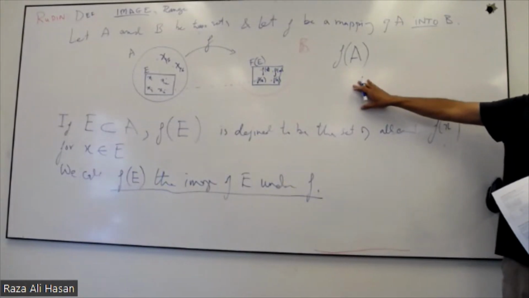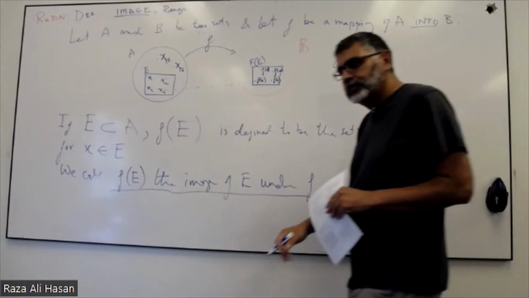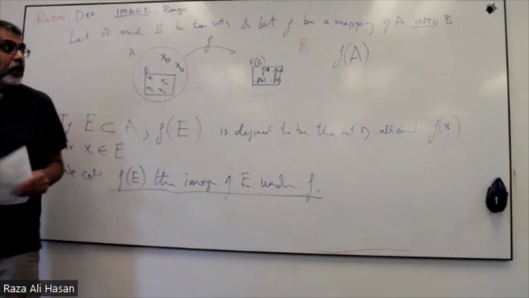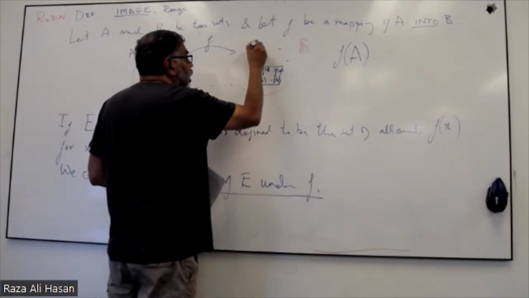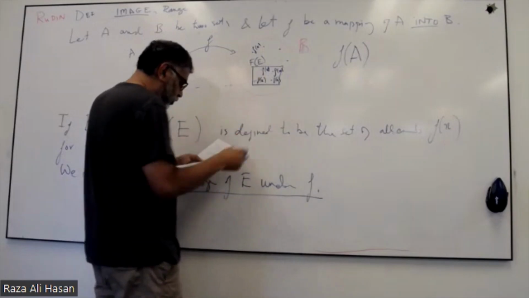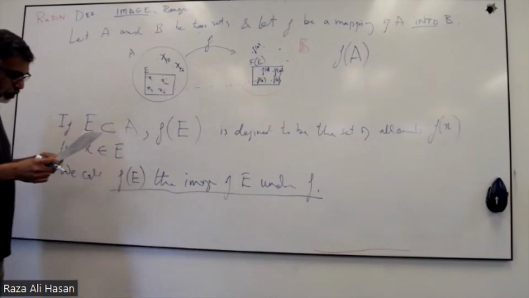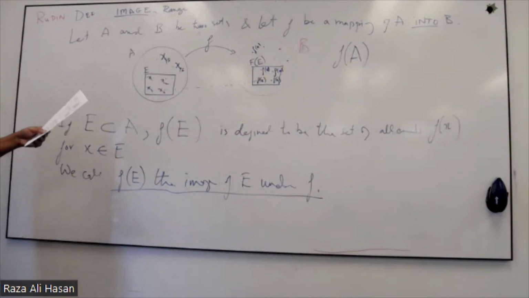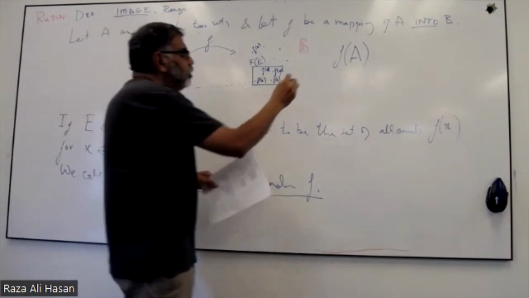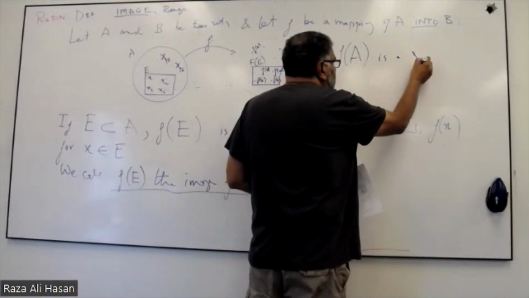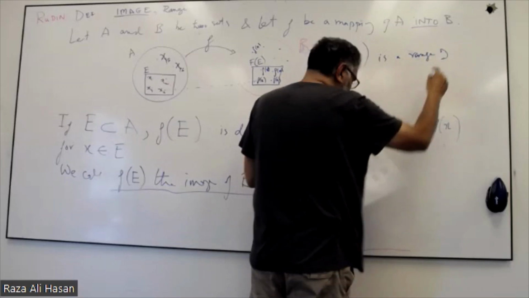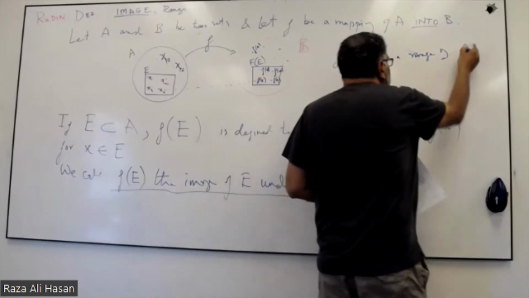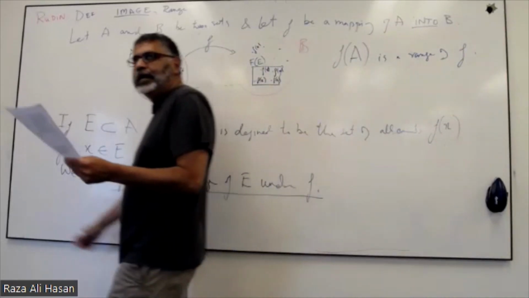And what you get back is not all, but some of the values, because f of A is a range of f. This is where Ryan might come and help me out.